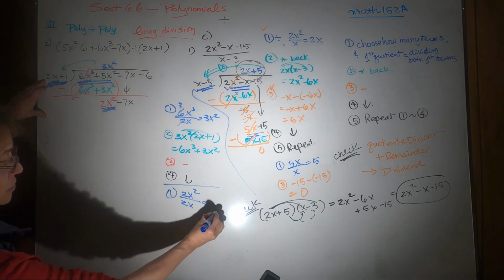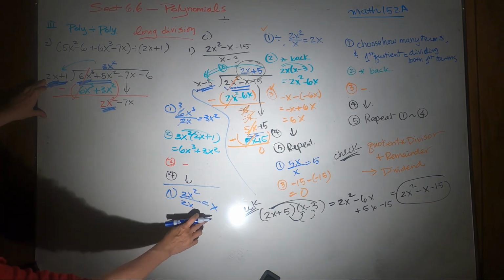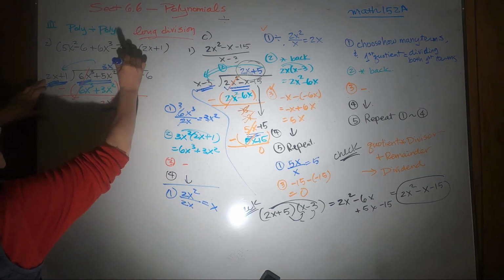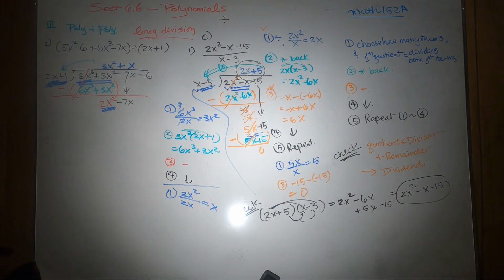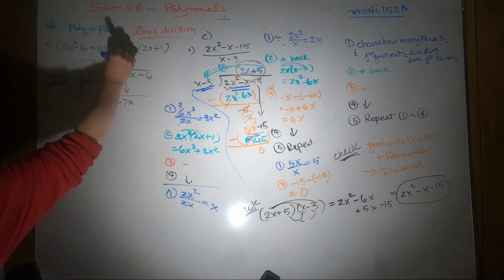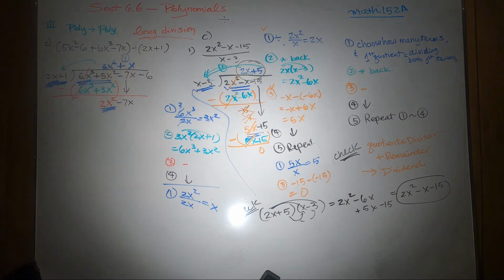So that would be what? Your x. Positive or negative? Positive. Remember to put your sign there. Every term has its own sign, except the first one, positive, you don't have to write it. Okay? So that's your first step again.